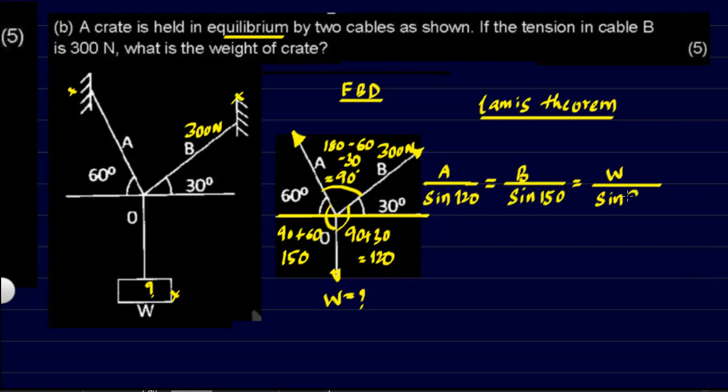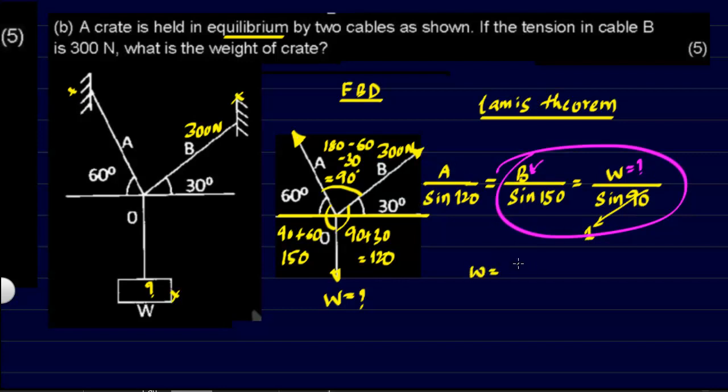So W by sine 90 degrees. Fine. So sine of 90 degrees just becomes 1, and we just have to take up these two formulae because we are interested in W, and we have been given the value of B. A is not concerned. So we just get W equals B, that is 300 divided by sine of 150.